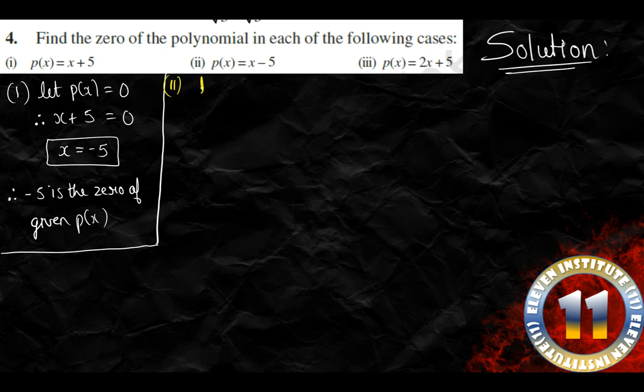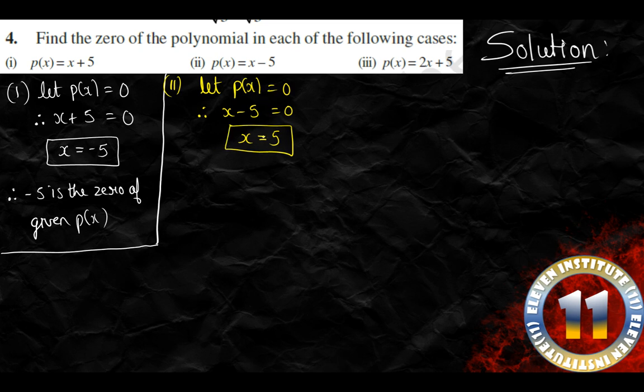Right, again we will write over here let P of x is equal to 0. Instead of P of x we will write x minus 5. So we can write therefore x minus 5 is equal to 0. Minus 5 will go to the other side and it will become plus 5. So we get the answer of x is equal to 5.